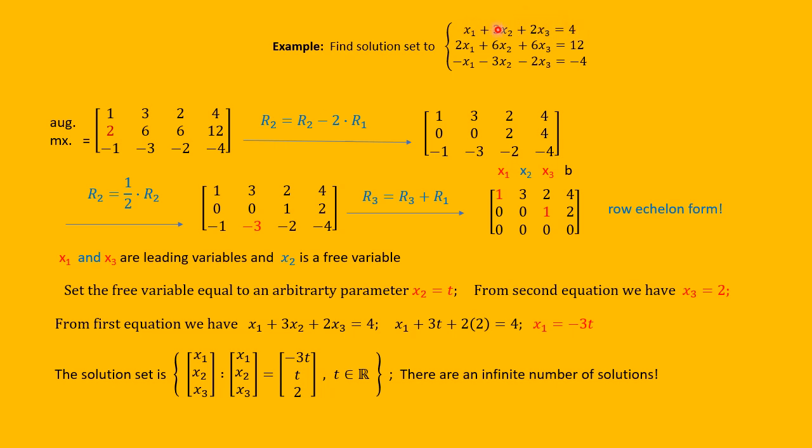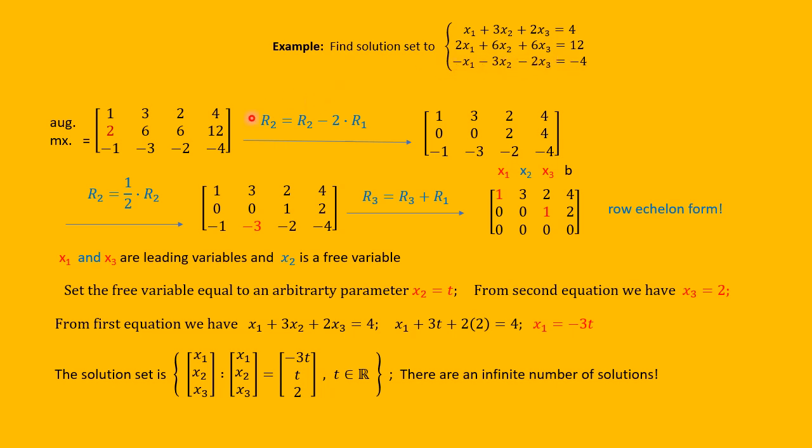Just the coefficients of this side of the equation plus the constant on the other side. This second row comes from the second equation, 2, 6, 6, 12. The third row of the augmented matrix comes from the third equation of the system, minus 1, minus 3, minus 2, minus 4.